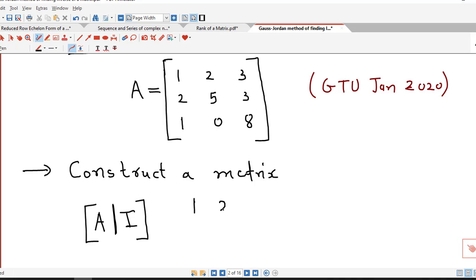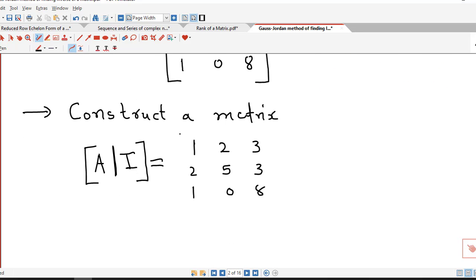So first we write matrix A on the left hand side of this vertical line, and in parallel we have to write identity matrix of the same order as the given matrix. So here given matrix is of order 3, so in parallel we write identity matrix of order 3.